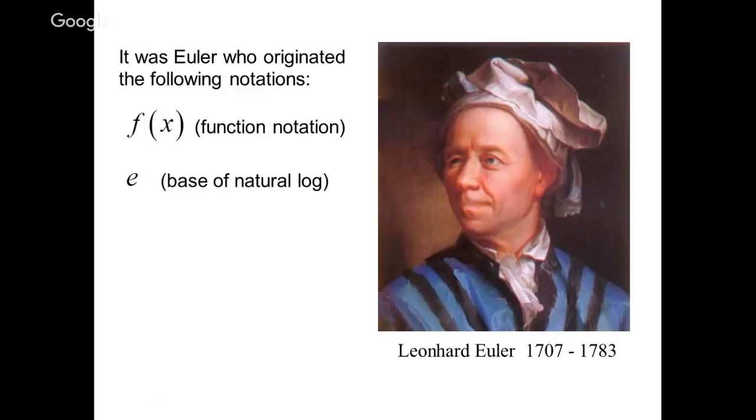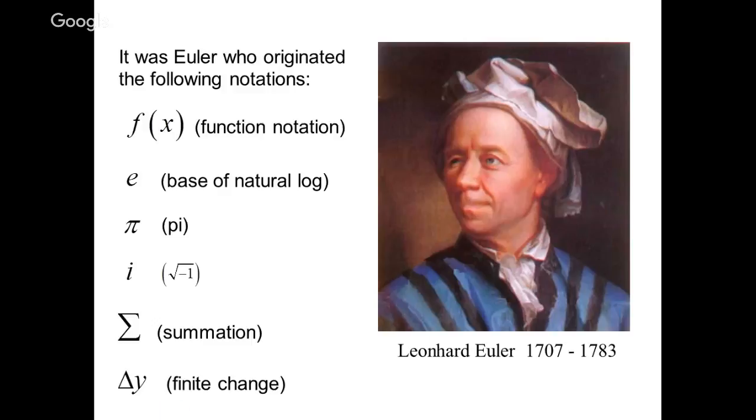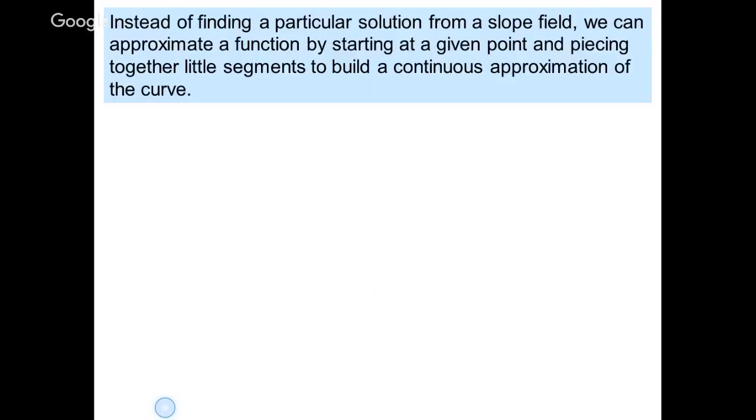It was occurring all the time, and we said, oh, that's a number we should probably pay attention to, right? And i, and our favorite summation notation, and finite change. Famous guy.